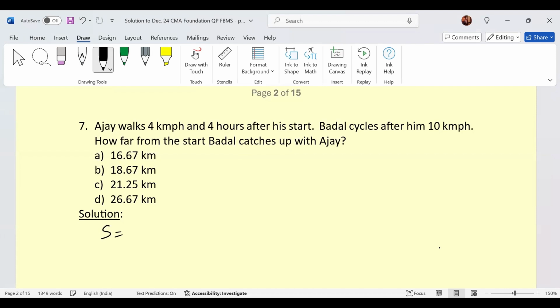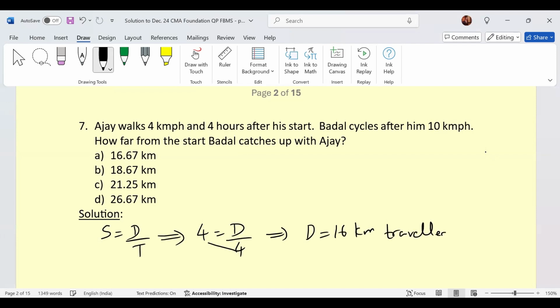Speed is distance by time, which means 4 is equal to d divided by 4, which means d is 16 km by cross multiplying. So this is the distance traveled by Ajay.